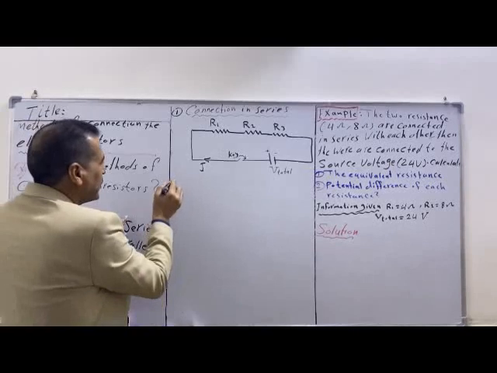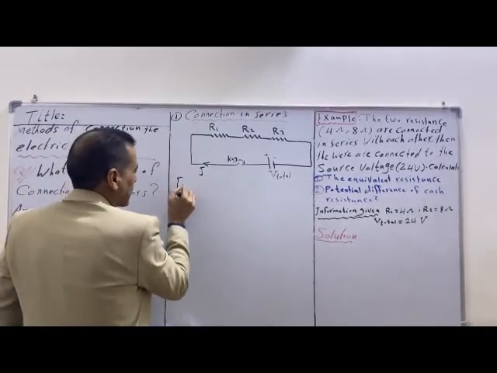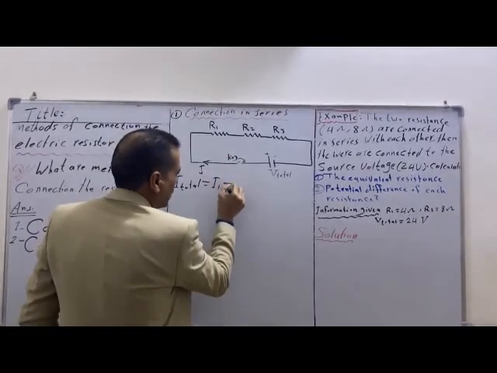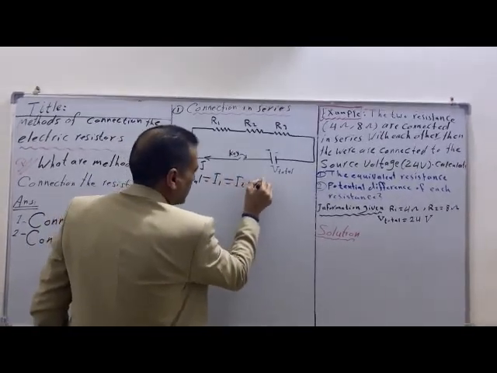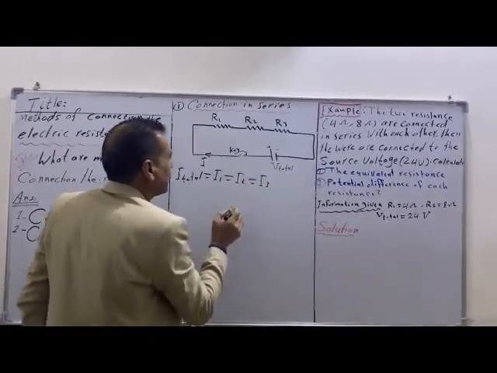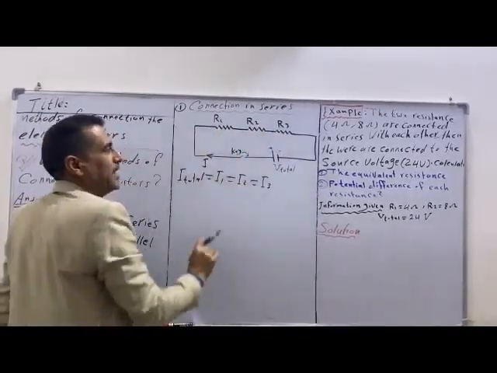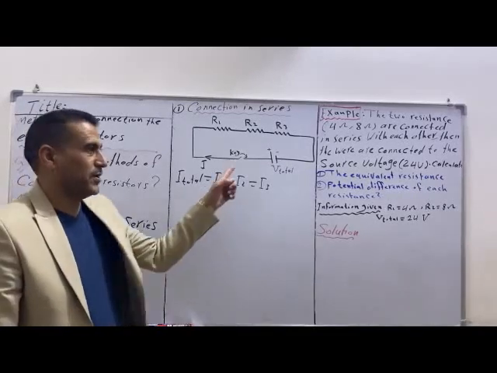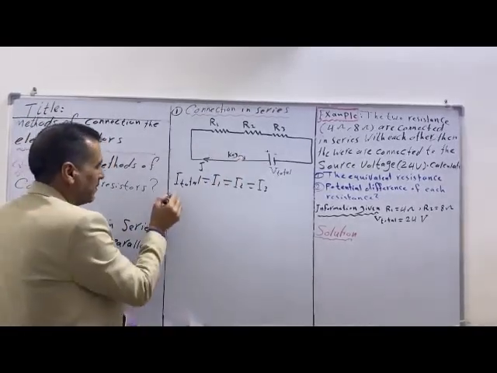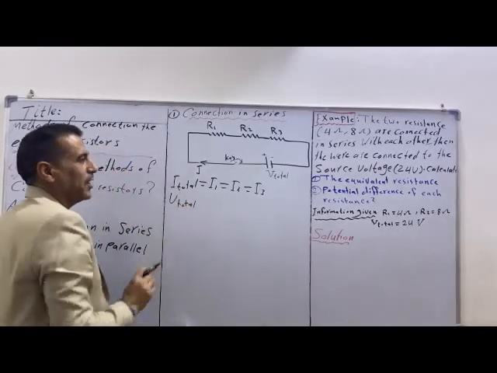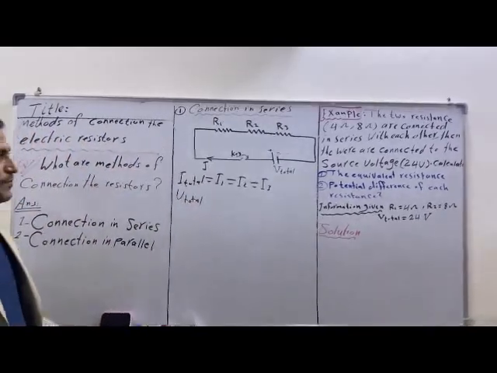Now, I total equals I1 equals I2 equals I3, because there is only one path for the electric current to flow in this circuit. V total is the total electric potential difference.